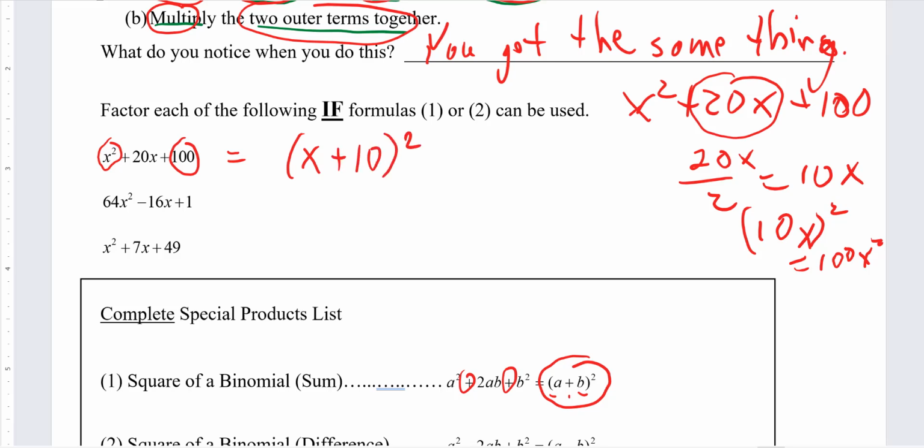So the way it factors is like this, which another way to write would be x plus 10 times x plus 10. Either way is fine if you're factoring.